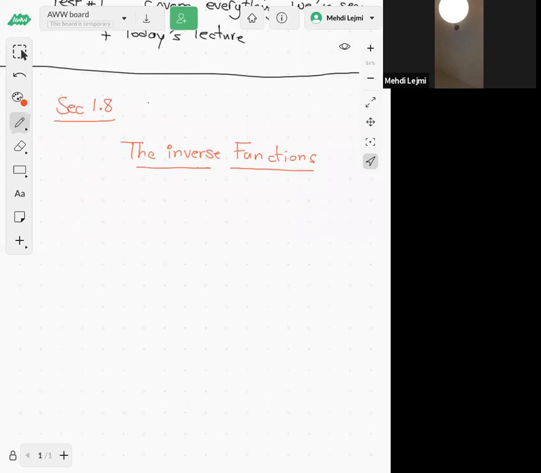Solving the last one. So let me just remind you the definition of the inverse function if you forgot. So what's the inverse of a function f of x?